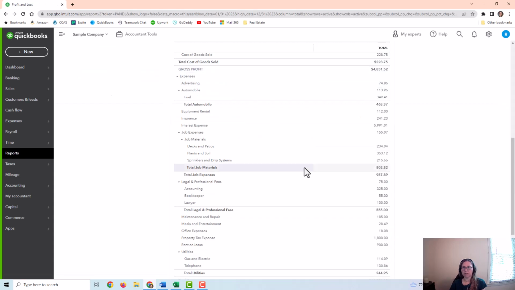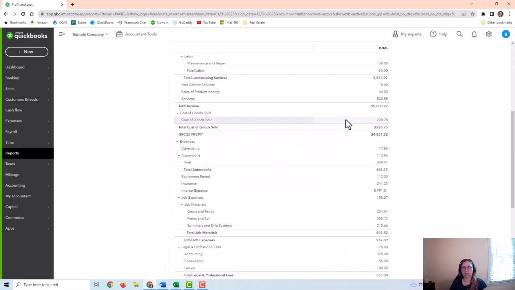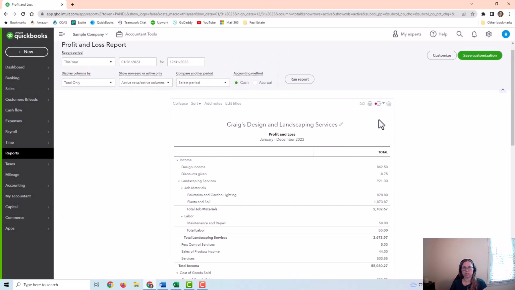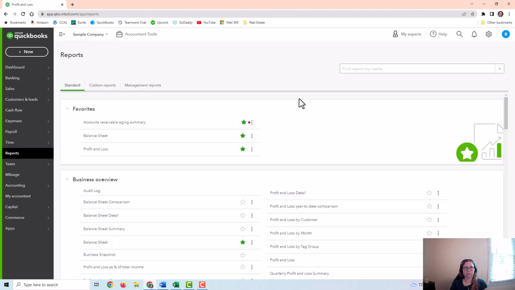Now notice my monthly mortgage payment is not an expense on my P&L, just the interest. So keep that in mind. You are going to have a separate expense for depreciation for the building itself at year end, and more than likely your CPA is going to do that for you.